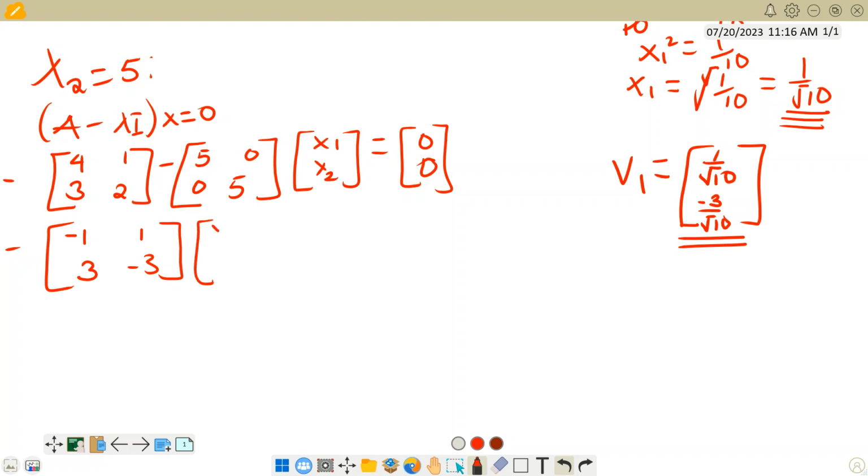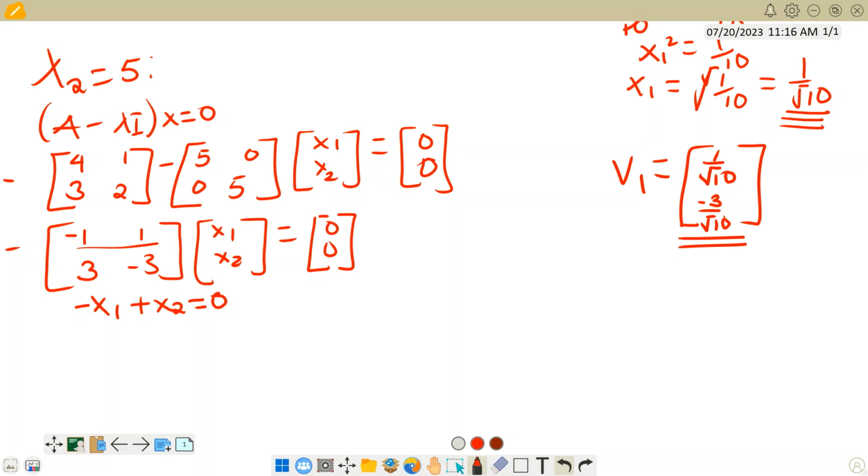Here we are multiplying by x1 and x2, and that should give us 0. Now from here we can do the multiplication. It's this row times that column, so minus x1 plus x2 is equal to 0.